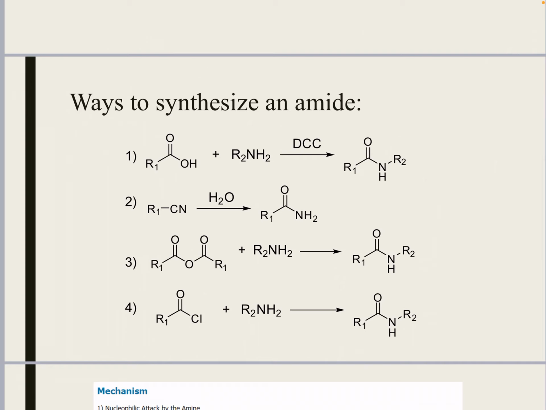It also means that the reaction sometimes will go very violently, and it may lead to byproducts. The reason we're not going to be using acyl chloride is because it's so reactive that it's very hard to control the outcome. So we chose the third method to synthesize an amide.